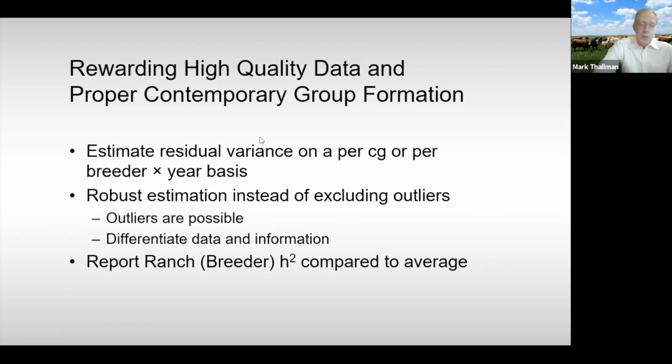But there would be a fairly simple metric, this breeder-specific heritability, that would let breeders know how they're doing. And there could potentially be other diagnostic metrics that could help breeders to identify what they need to do in order to improve their data quality.